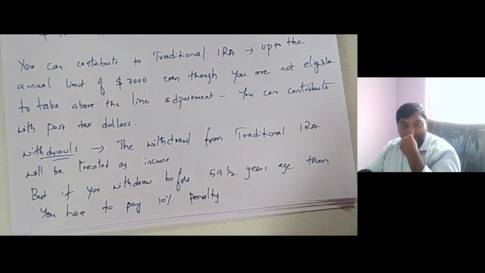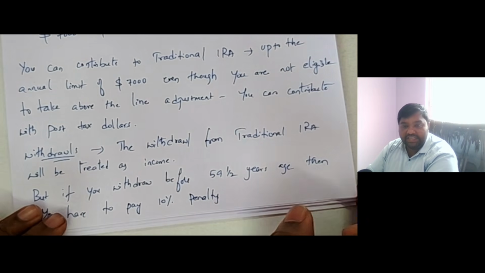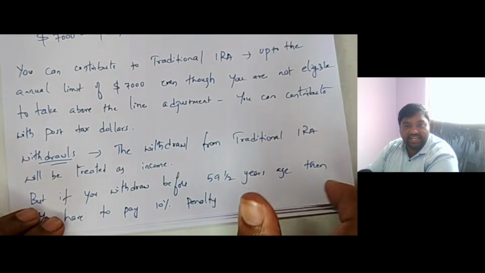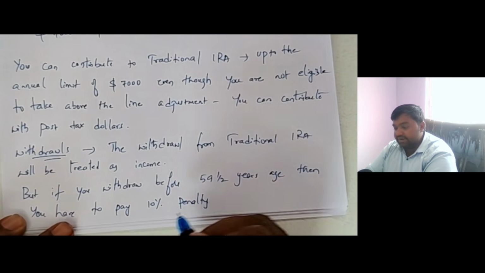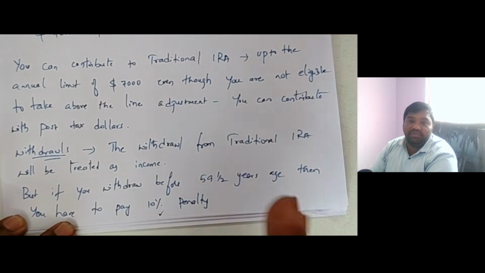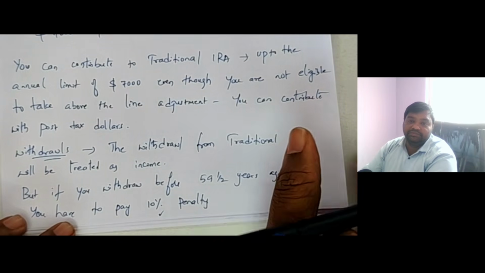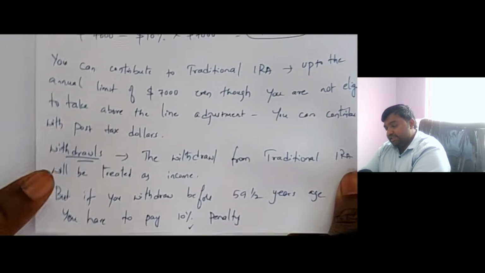Suppose at the age of 50 you want some money and you want to withdraw from the traditional IRA. You can withdraw, but there is a 10% penalty, plus whatever amount you are withdrawing will be added to your income.